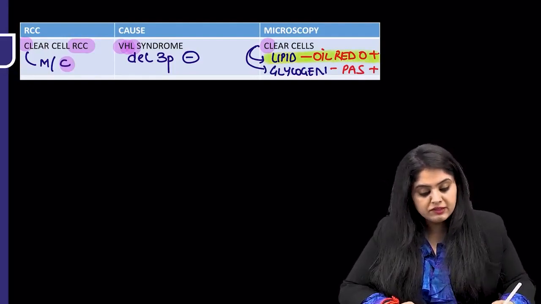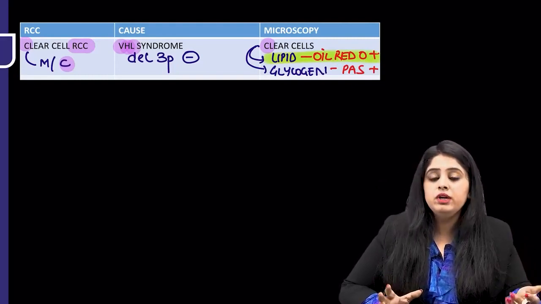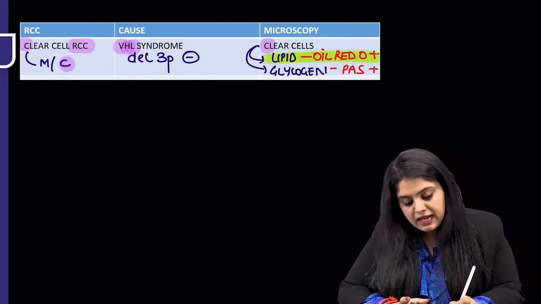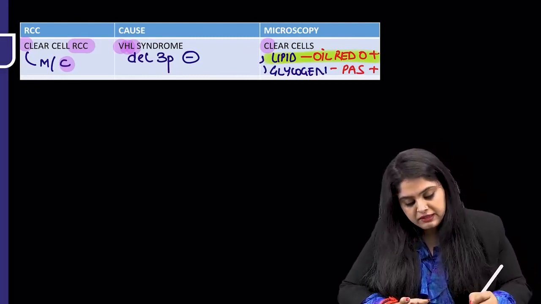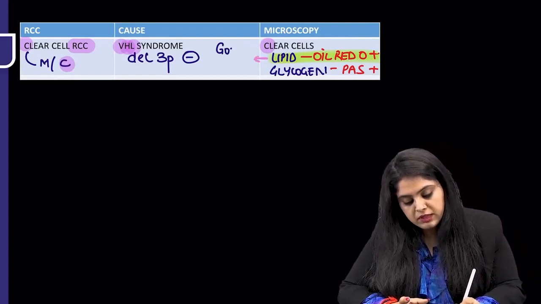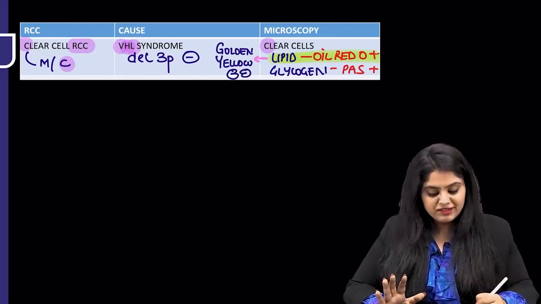So sometimes they ask you, which is the renal cell carcinoma which is golden yellow in color? Because it contains fat, this is the only tumor which is going to give me a golden yellow gross appearance, golden yellow kidney tumor. Okay, crystal clear concepts of clear cell carcinoma.